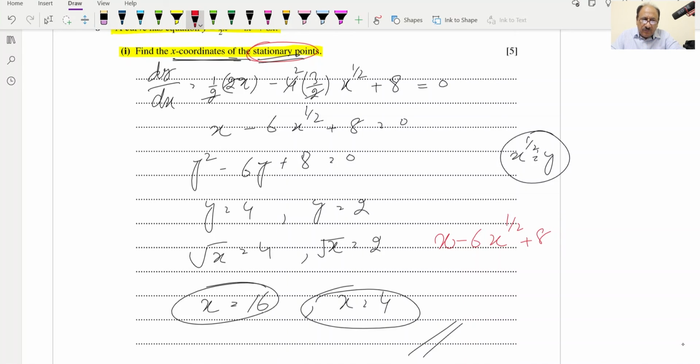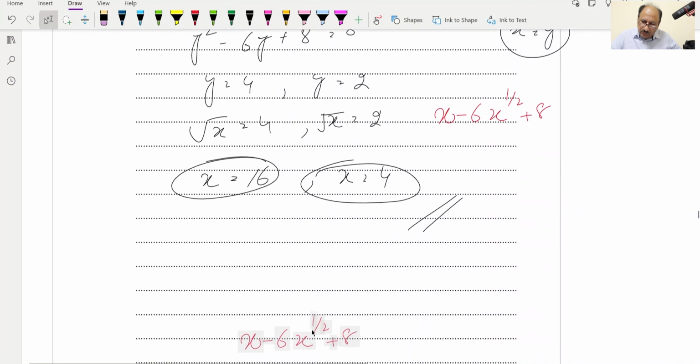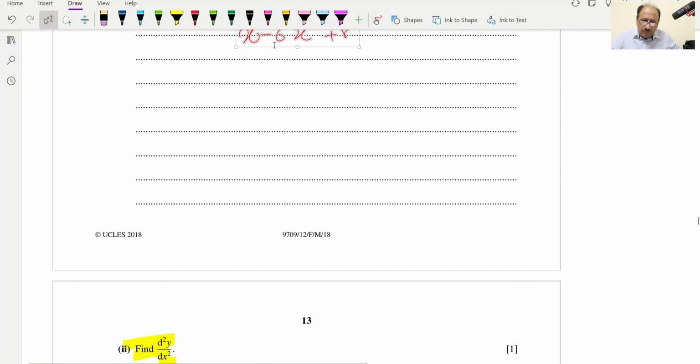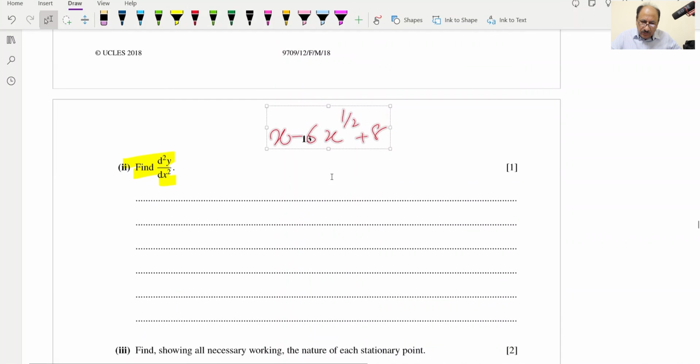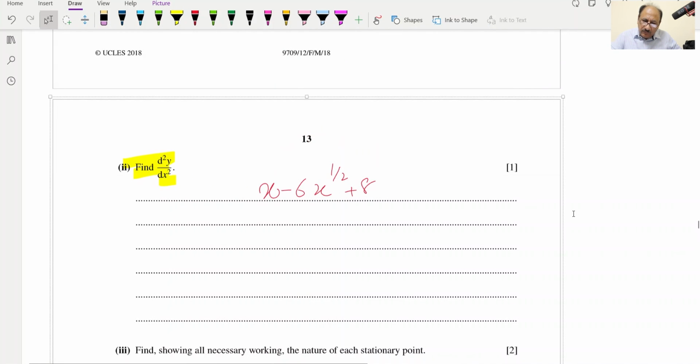This is the first order derivative, and further we take the derivative of this derivative, and we will get the second order derivative. So this is our dy by dx value. Dy by dx is equal to this one.